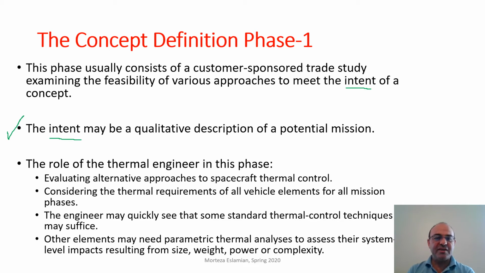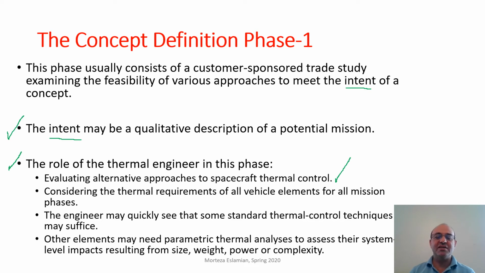The role of the thermal engineer in this phase of the concept definition is to evaluate alternative approaches to spacecraft thermal control. In this phase, it's just considering alternative approaches for the thermal control. It is quite qualitative, based on parametric studies or just feasibility studies to see whether it's doable.